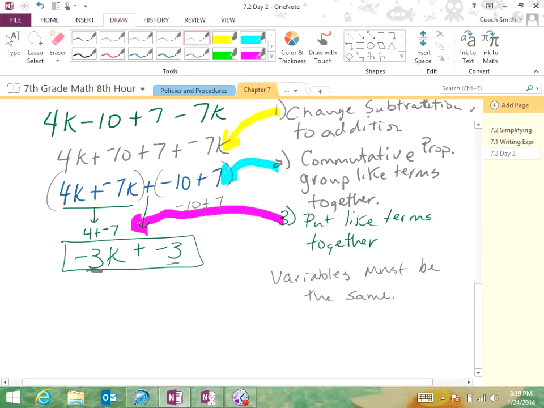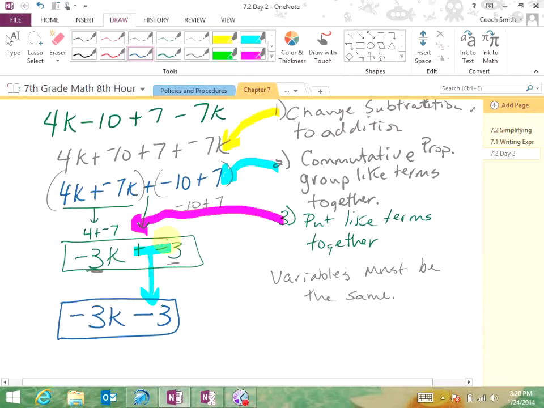The other place people get confused is this right here, plus negative. Since it's our final answer, we need to change it to negative 3k minus 3. It's still the same, you're done. But the book will not list plus a negative.